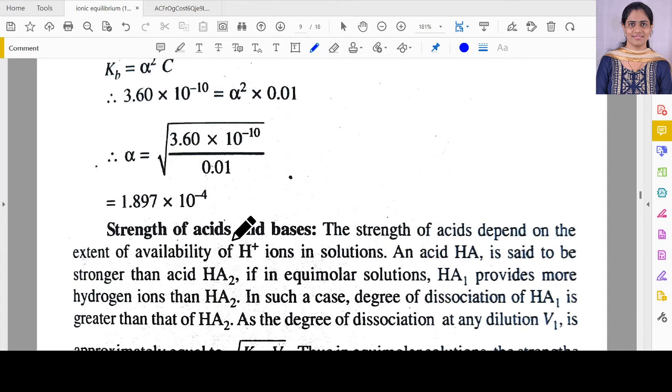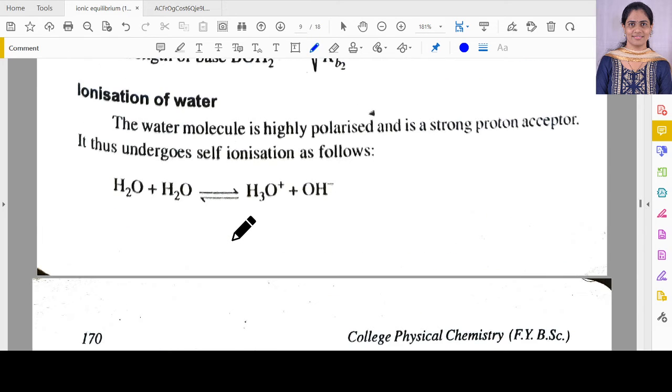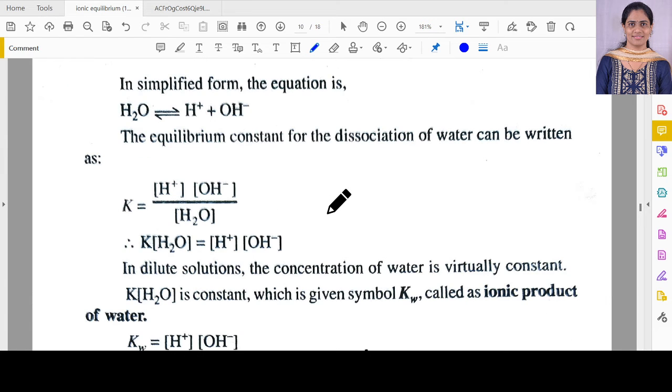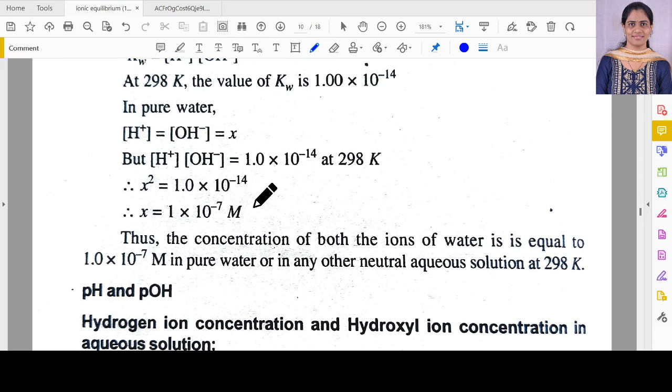Then for strong acids and bases, we have seen the strength of acids and bases with respect to dissociation constant. Then ionization of water and pH will come. You know, in ionization of water, when 2 moles of water are taken, it forms H3O plus ion and OH minus ion, and the equilibrium constant for this reaction is called the ionic product of water, and it always has the value 10 raised to minus 14.